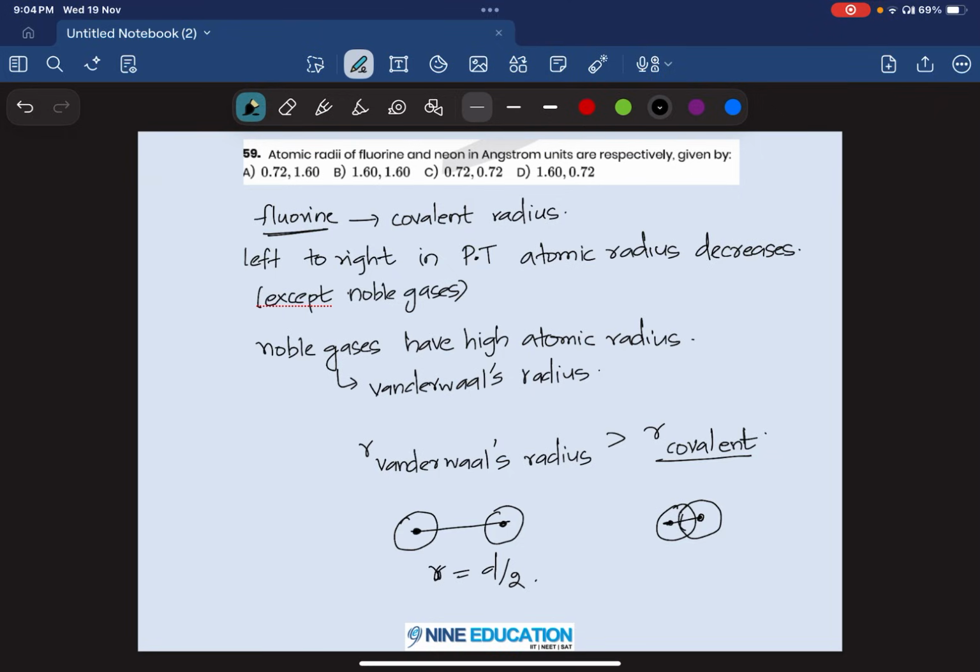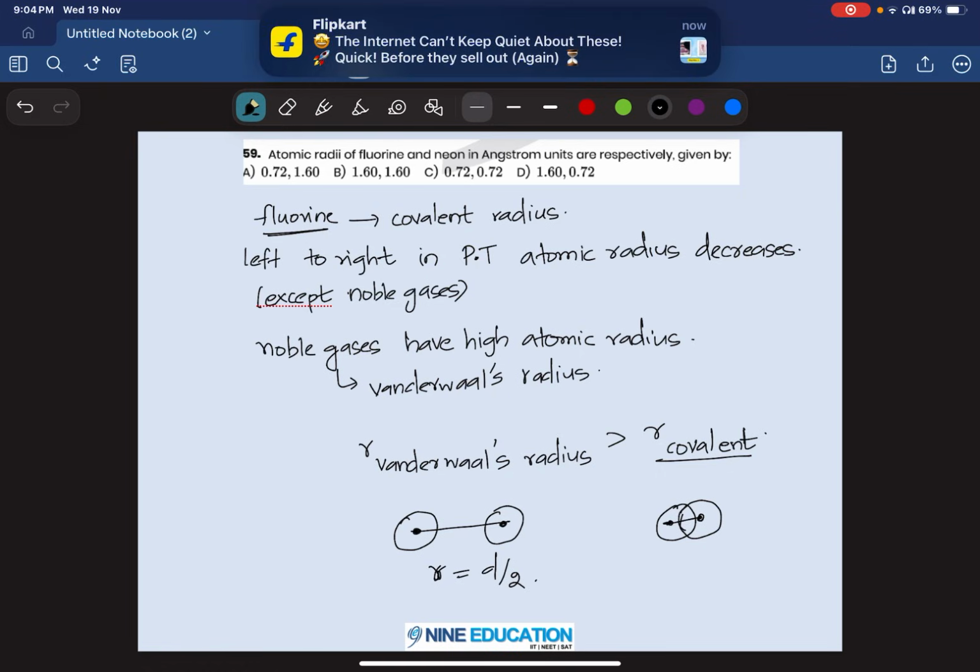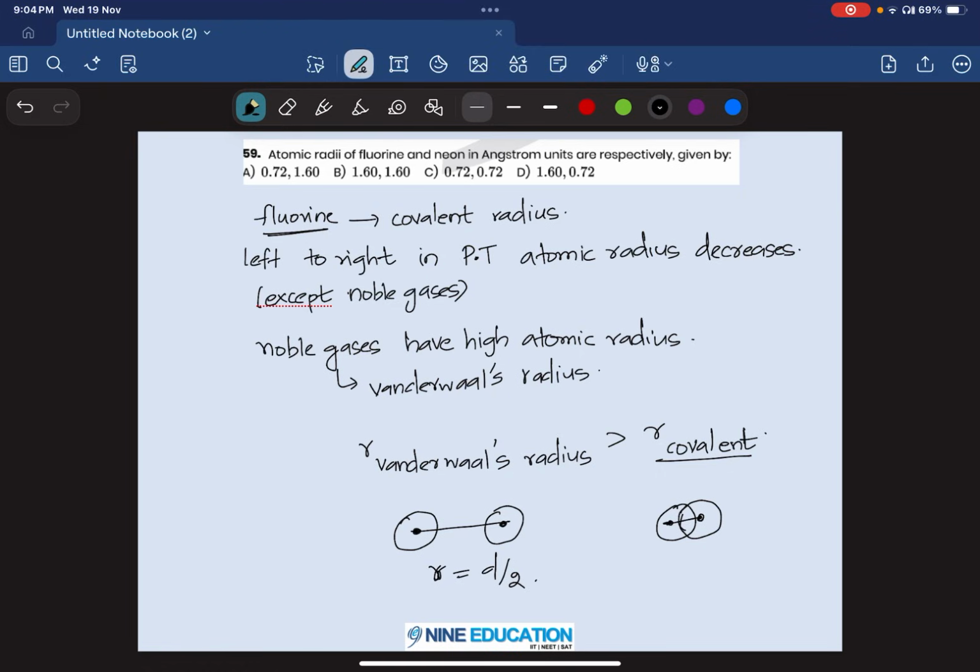So in case of fluorine and neon, the van der Waals radius of neon would be greater than the covalent radius of fluorine, due to which fluorine has lower radius than neon. When you compare all of the options, you can see that option A has the second, which is neon, with more radius than the first. So option A is the answer in this case.